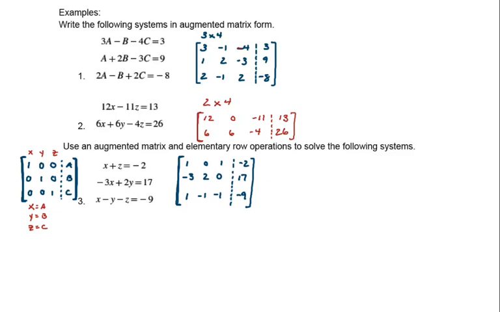So the first thing I'll say off the bat is there's no one direct approach to get there. As long as you work within those row operation rules, meaning you scale a row by a number, you replace rows, interchange them, or multiply a row by a number and add it to another row, as long as you do those things correctly, you should be able to get to the solution.